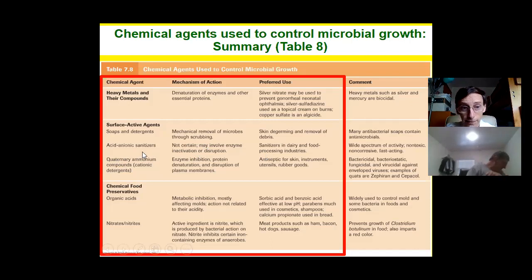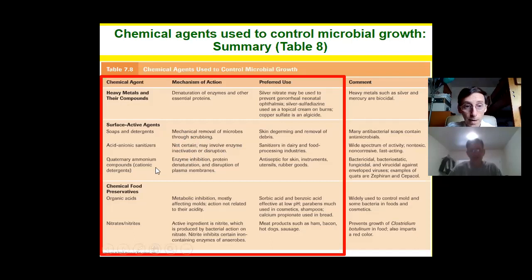I'm not even certain what an acid anionic sanitizer is. I've never used them. Has anyone had experience with one of those? I know it's a non-alcohol sanitizer, but I'm not sure how they work. And like I said, it appears that they're not well studied because their mechanism of action is not certain.